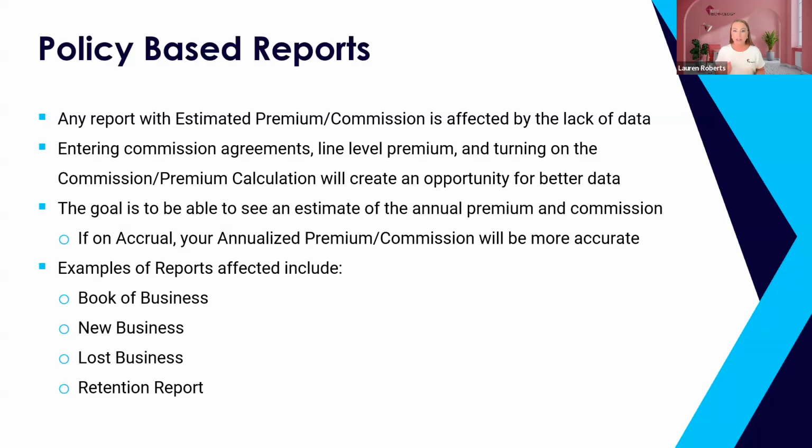So that's another thing to keep in mind. And the billed premium could go down because they get a credit back. So that's where these data fields are beneficial versus using the billed premium and commission. There are definitely places to use billed premium and commission, but in this case, when you're looking at annual type numbers, that's what we're referring to.